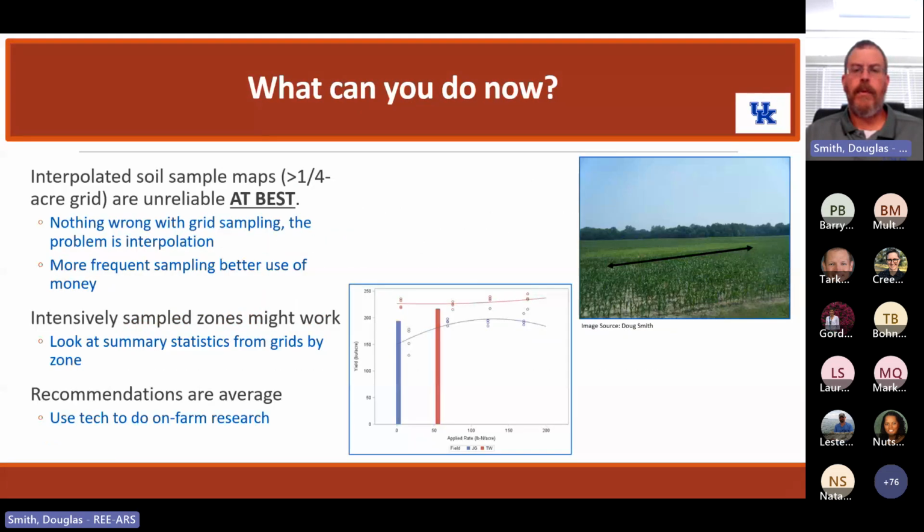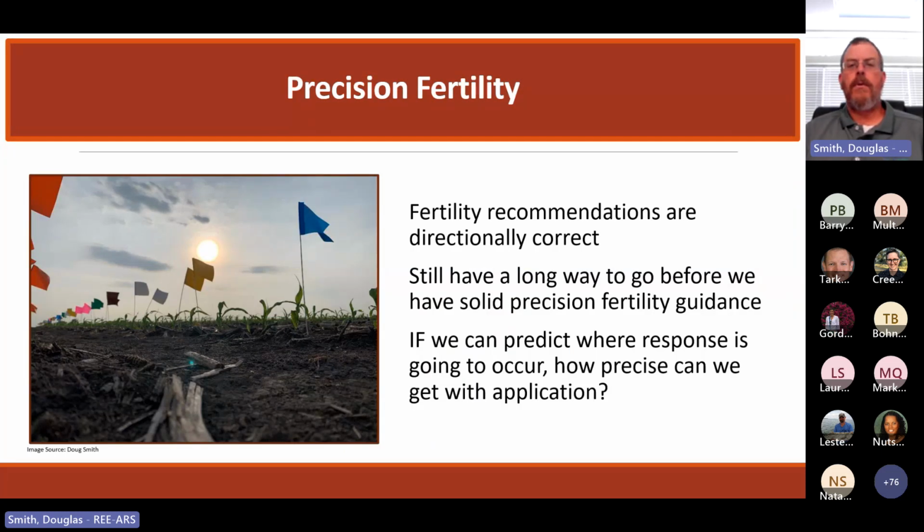So for the sake of time, I'm going to skip over some of this real quick and move into some of the precision fertility based off those cartoons and what we mentioned very early on about the inefficiencies in the system and how we're currently feeding the soil in order to feed the plant.